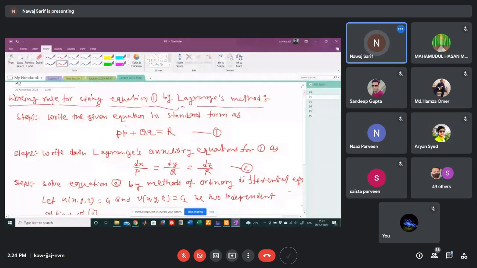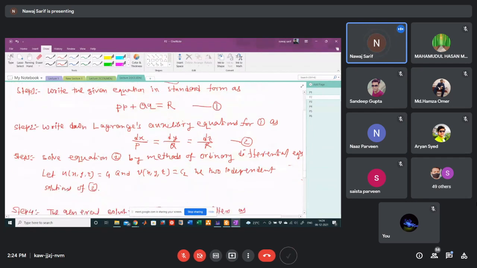Follow these four steps to find the solution. First, you have to write the given equation in standard form, Pp plus Qq equals R. Always the equation is not in this form, so you have to write it first in this form. Then write the Lagrange's auxiliary equation, and then find the solution of this equation as u and v.